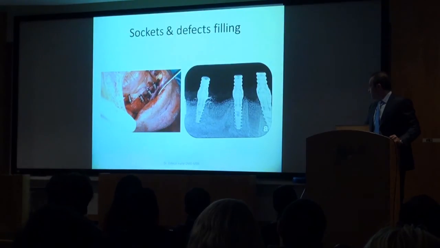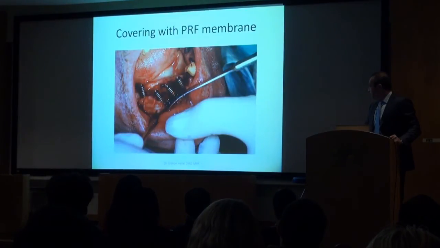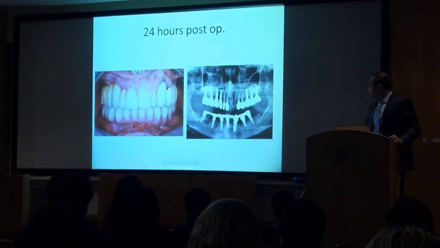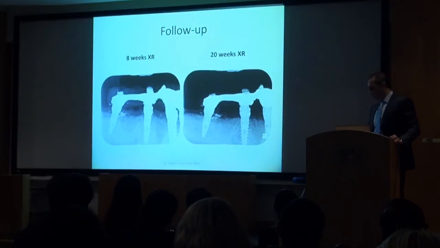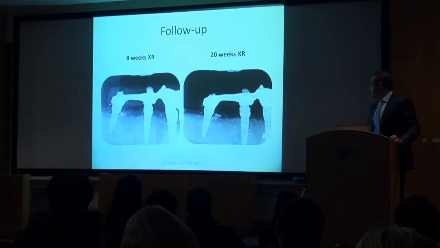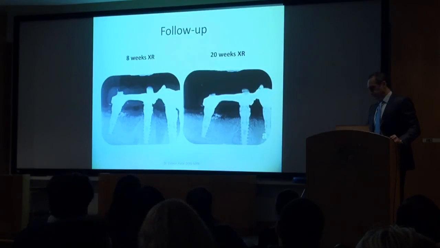You can see here immediately after grafting, the sockets and implant augmentation, PRF membrane covering, and the final 24 hours post-operative metal-based transitional bridge. On your right, you can see 8 weeks after, and here 5 months after. You can see very solid, very homogeneous dentin bone interface.